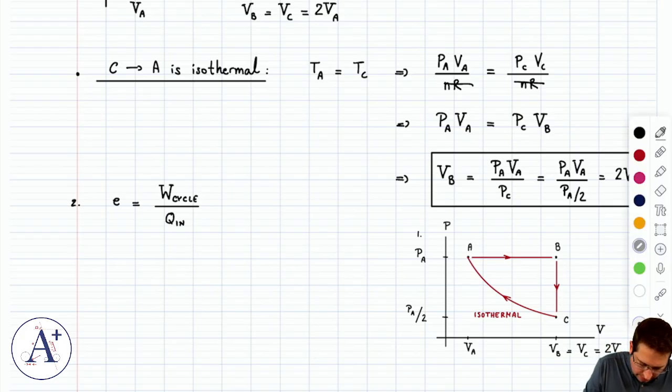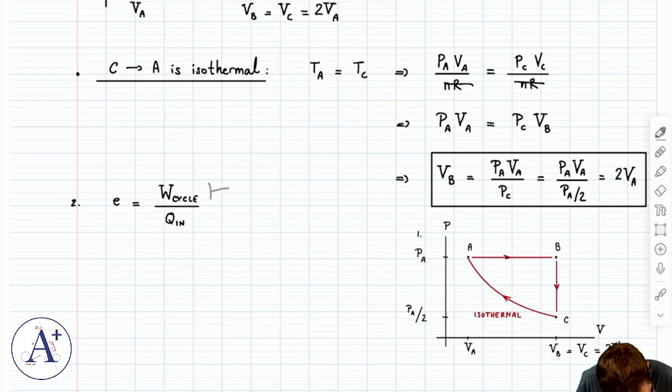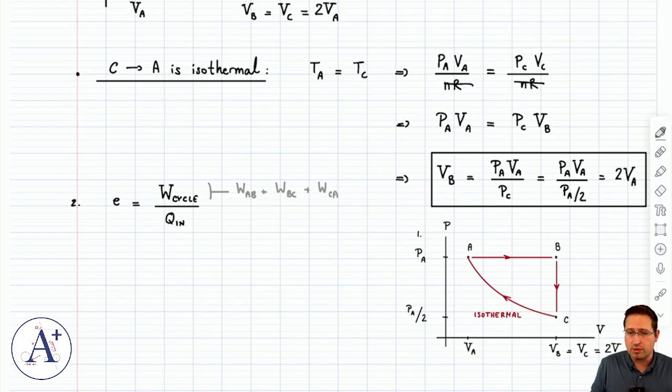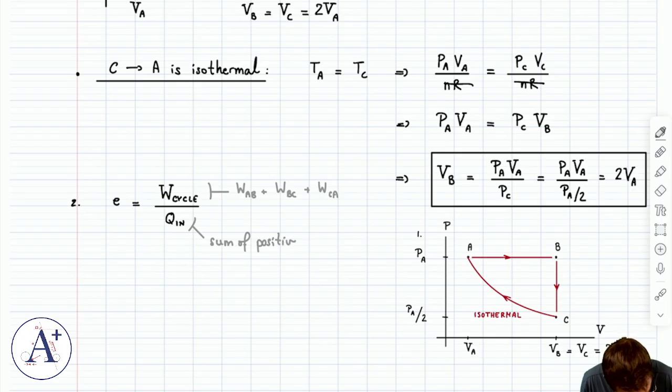Now, like I just said, this is work AB plus work BC plus work from C to A. So we're going to compute all three. We're going to add them together. That's going to be work cycle. Q in, on the other hand, is the sum of the positive Q's, which means that we're going to find QAB, QBC, QCA.